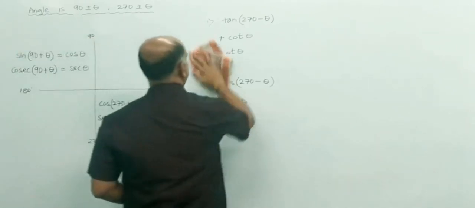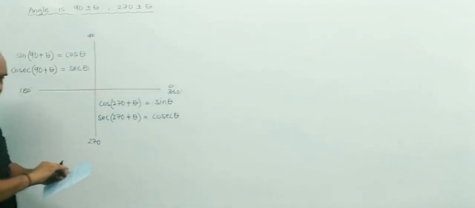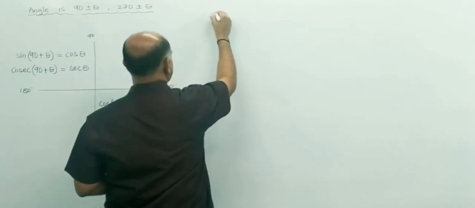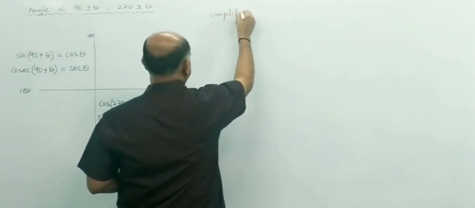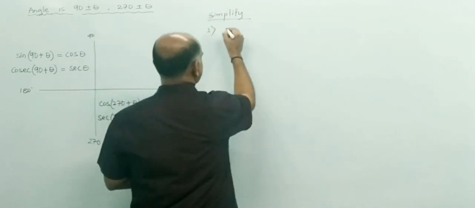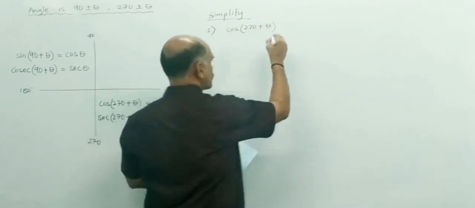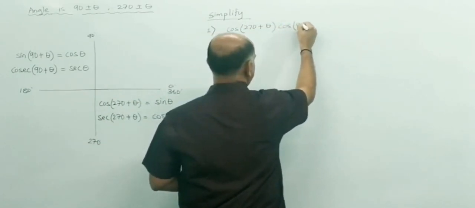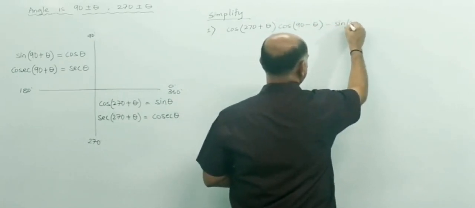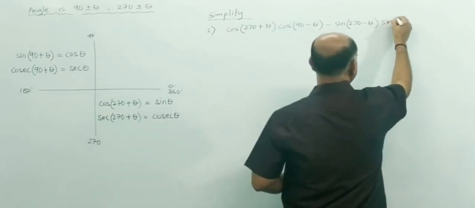So I will take a problem. First one, simplify. First one if I take: cos 270 plus theta, cos 90 minus theta minus sine 270 minus theta into sine 90 plus theta.